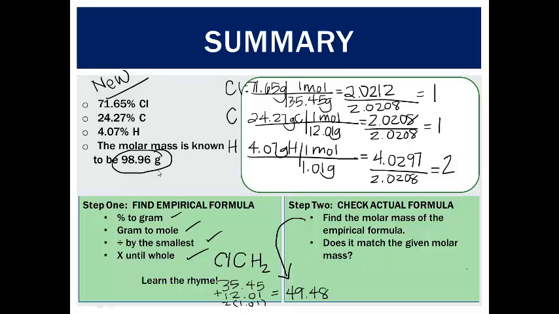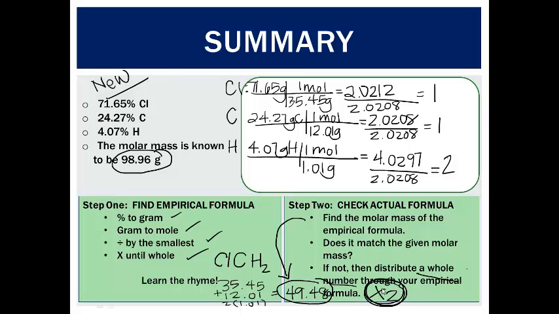Does it match 98? No. If not, then distribute a whole number. What could I multiply 48 by to make it equal 96? Whole number by 2. So we take our empirical formula and we distribute a 2 through it, making my molecular formula Cl, distribute the 2, Cl2, C2H4. Here's the actual formula for this gasoline additive.